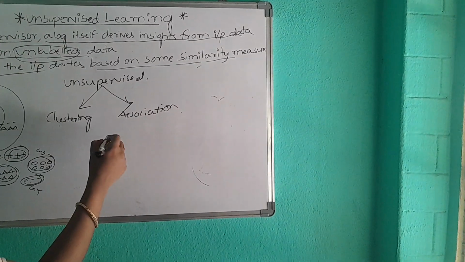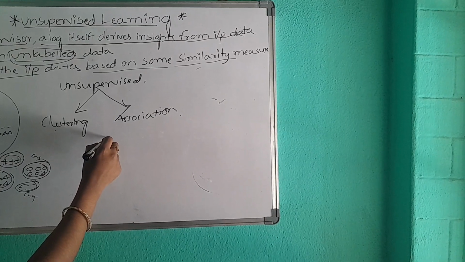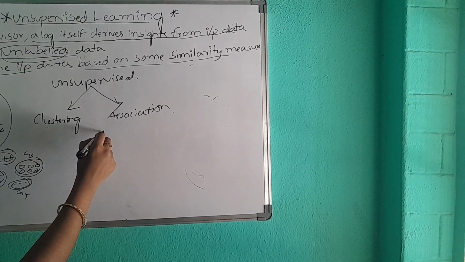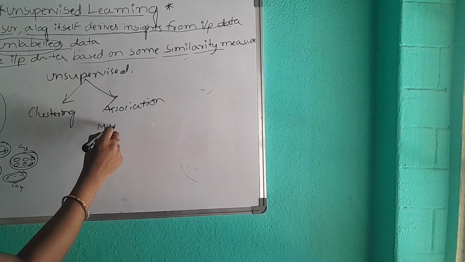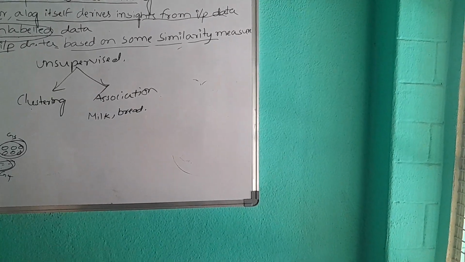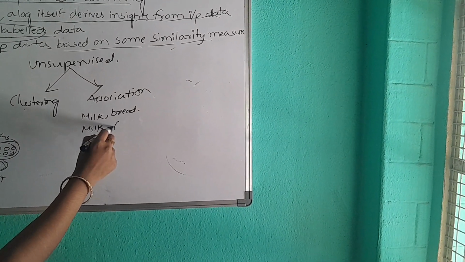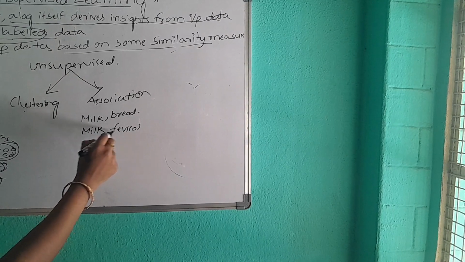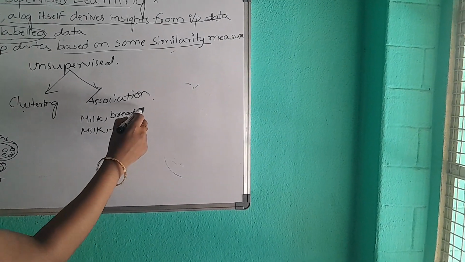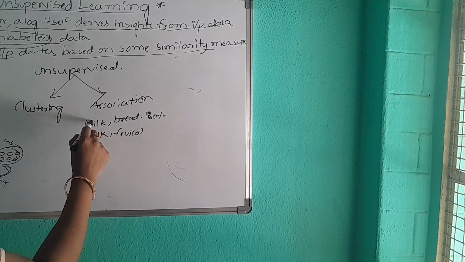In association, for example, we go to a market and we buy milk and bread. Milk and Fevicol, for example. 80% of the people bought bread along with milk.